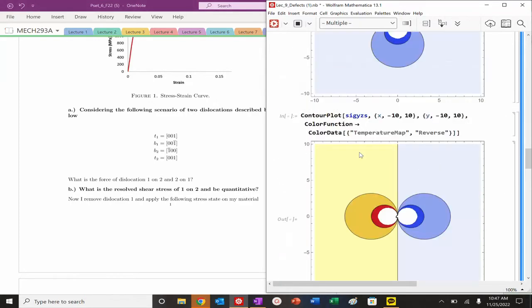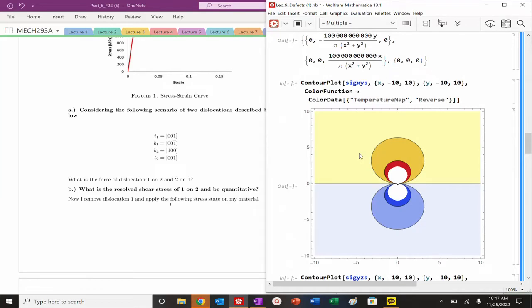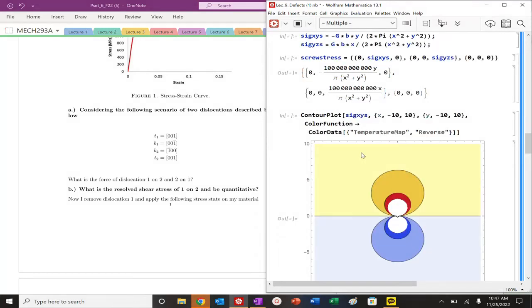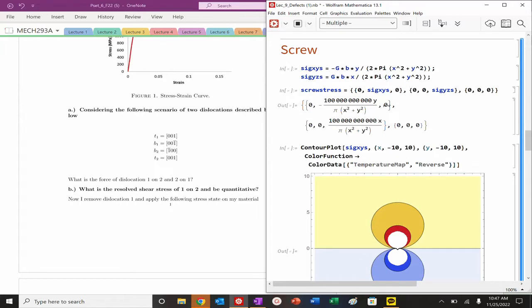But we actually need to make an adjustment here because, as we saw in class, these are for very, very specific types of dislocations. So we only know it for the edge when our tangent direction is in the positive 3 direction, and when our Burgers vector is in the positive 1 direction.